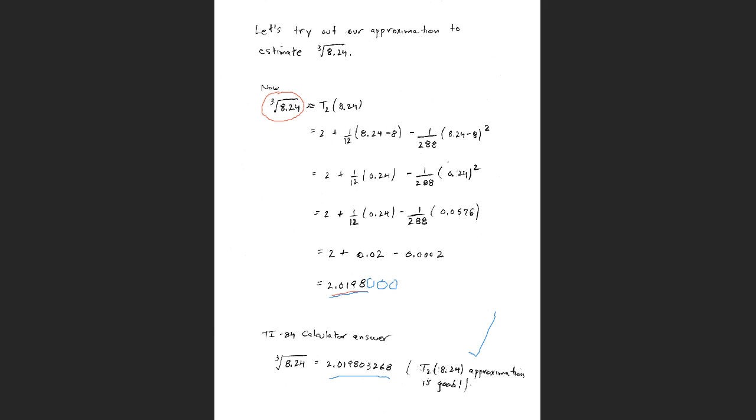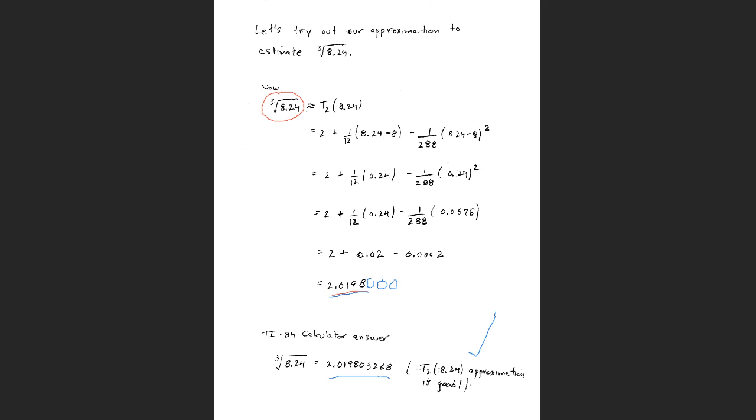I have to have an interval about our A, which was equal to 8, right? So the interval is somewhere close to A equals 8. I know my Taylor polynomial approximation will do a reasonably good job near values of 8. So I picked 8.24.